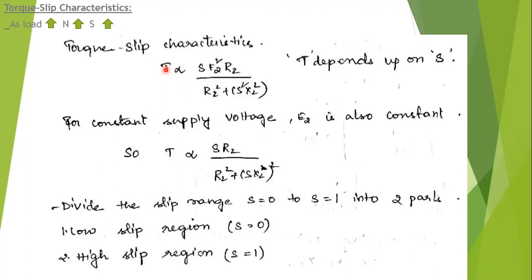Okay. So we know that as we load the induction motor, suppose the induction motor is running at normal conditions. If for a normal running condition induction motor, I give some load, what happens due to that load? The speed will be decreased, not increased.